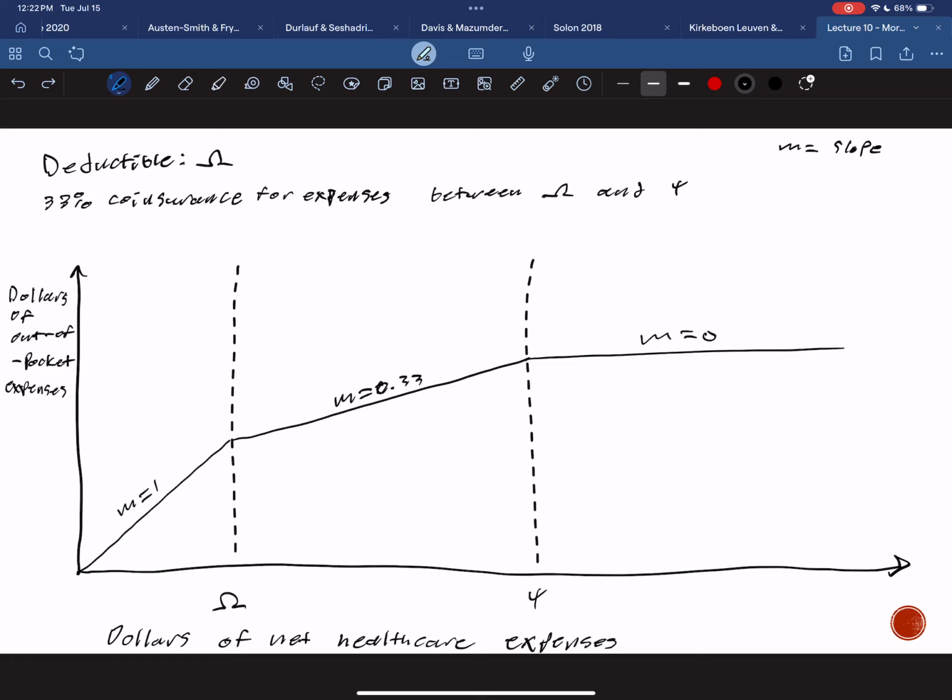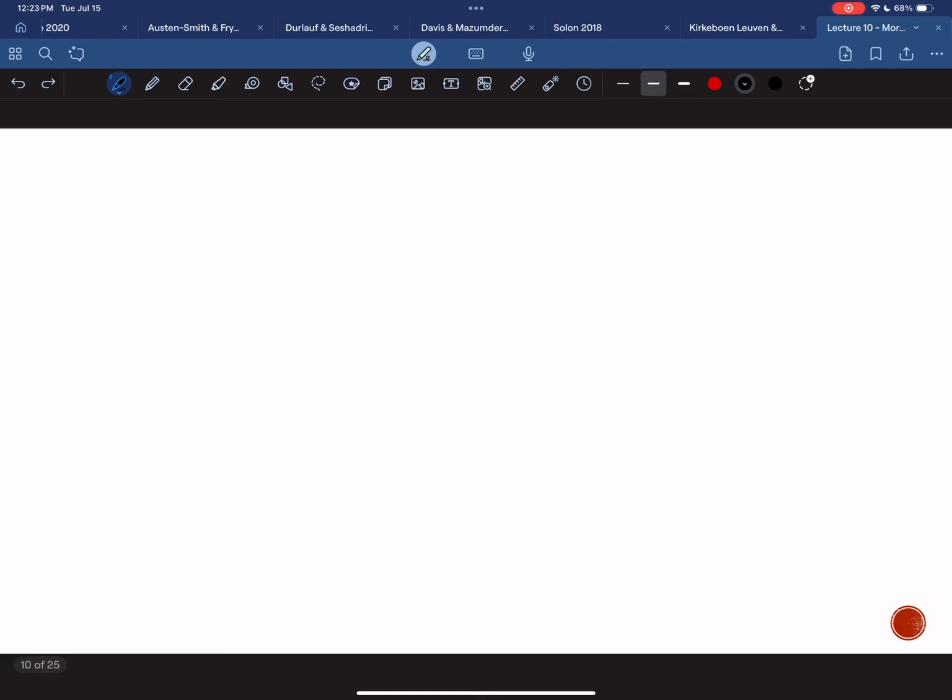And then you might ask, how does a deductible interact with copays? Basically, it's a little boring. Well, I guess it's not that boring. So let's go over deductibles with copays. Let's go with a high deductible.